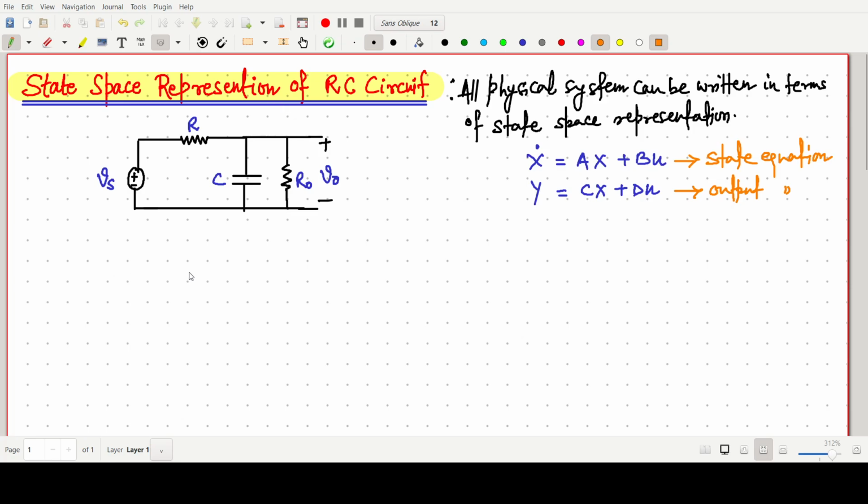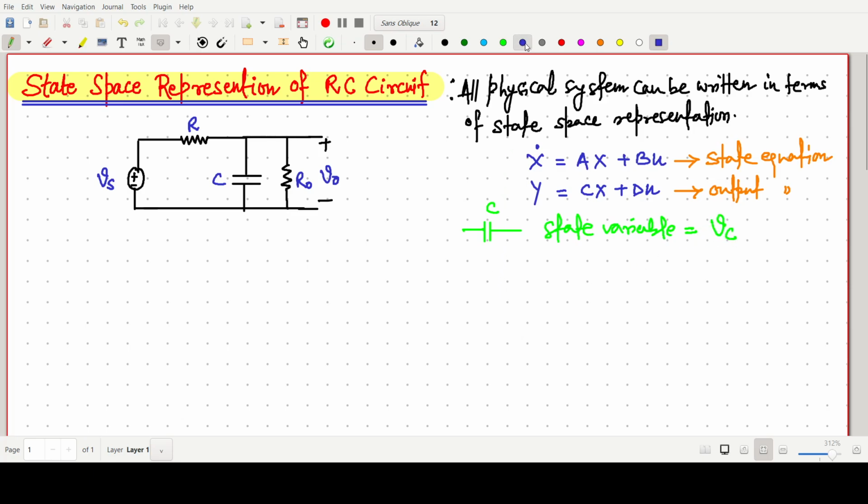Okay, so first of all, in such a situation we have to identify the state variable. If some capacitor is there in a circuit, I'm not going into all the theory, the state variable will be Vc.